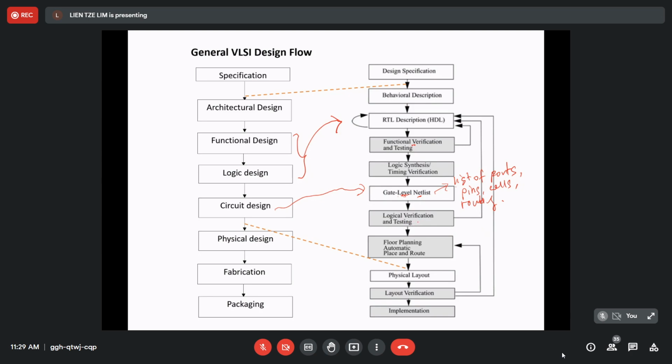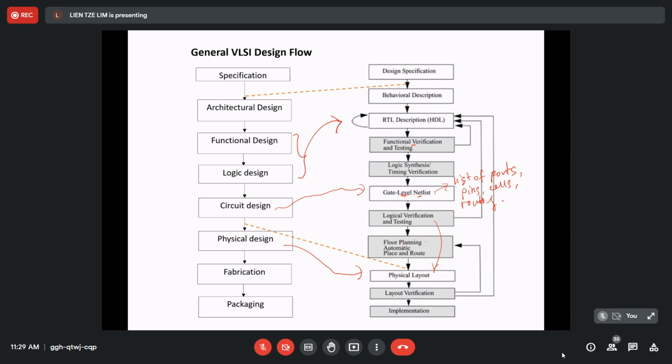After this is done, we can go straight to the physical layout. This physical layout is about physical design. The floor plan and automatic place and route are under physical layout.